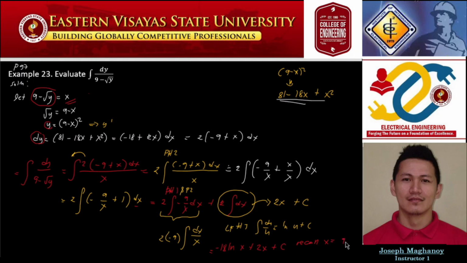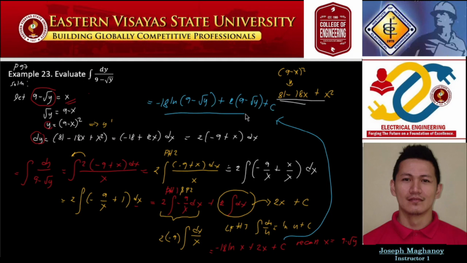That is 9 minus square root of y. So, rewrite your final answer. So, your final answer is negative 18 ln of quantity 9 minus square root of y plus 2 times quantity 9 minus square root of y plus c. So this is your final answer for your example number 23.